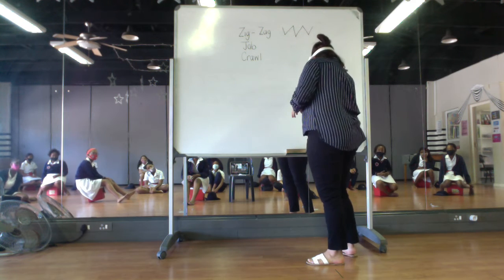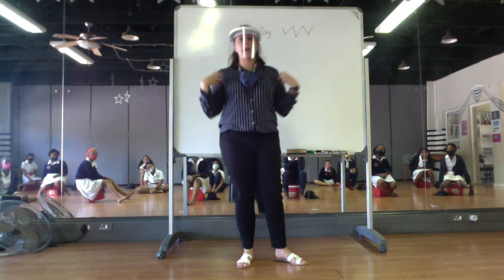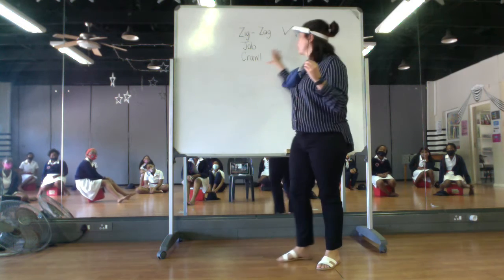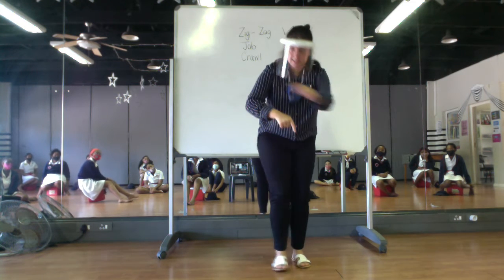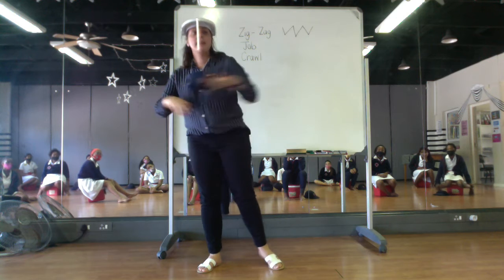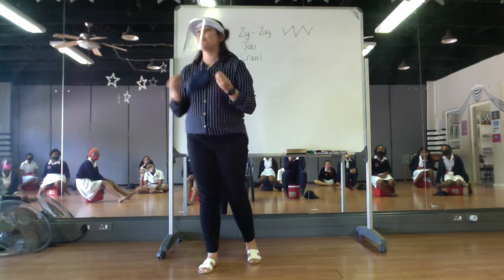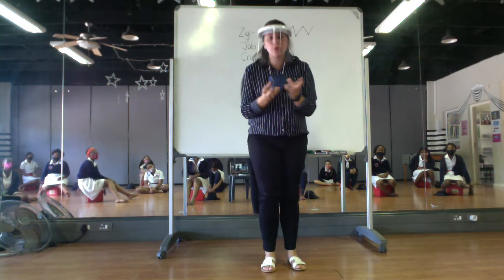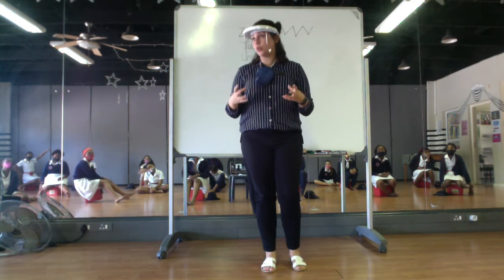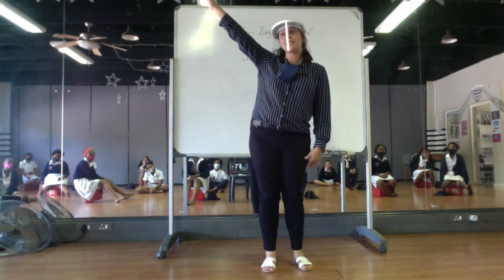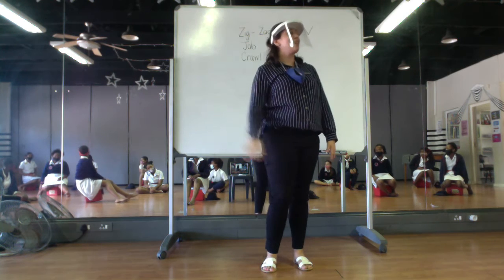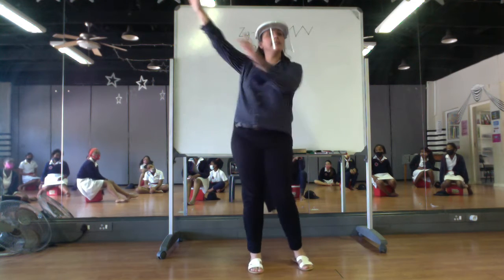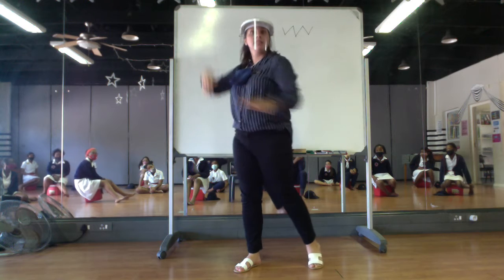So you could make that pattern using your feet or your hands. You could stand in a zigzag formation. You don't have to use it in the most obvious way. Take the word and try to think how you could use it. You could use your arms. Thank you for that, Sayuri. You could use your arms, create a zigzag with each other.